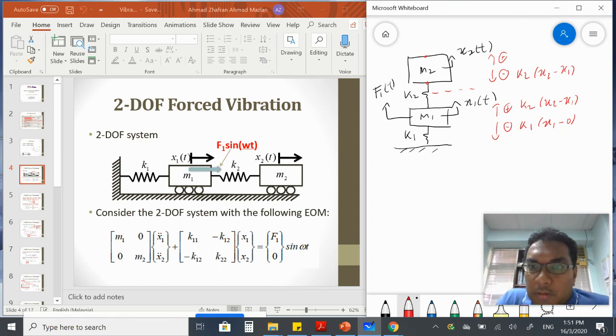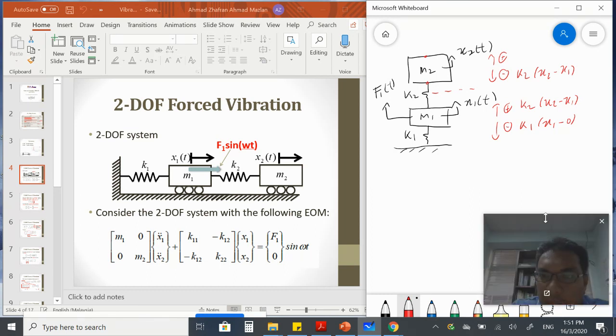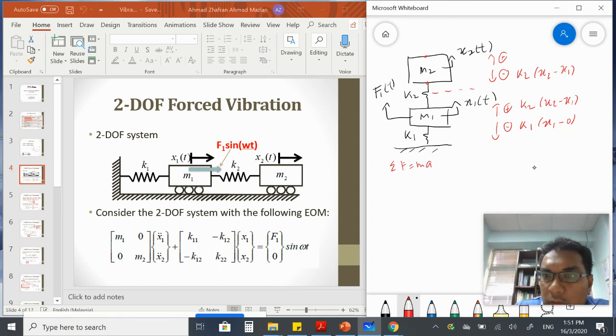Next we can make an arrangement where the total F equals M A. For the M2 part, we only have a minus K2 times X2 minus X1, there is no plus part, and it is directly equal to M2 X2 double dot.